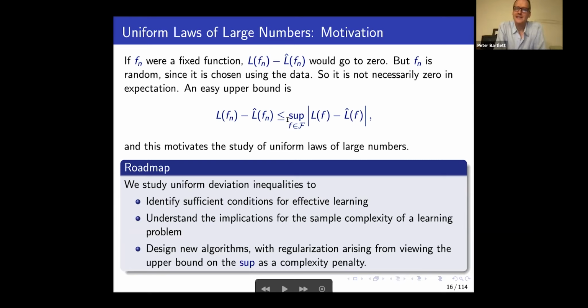You can view these terms as complexity penalties, right? If you write this inequality as the risk of the function that my method produces is upper bounded by the empirical risk plus this term, that term is a complexity penalty that gets added to the empirical risk. And so, you might consider optimizing a regularized version.